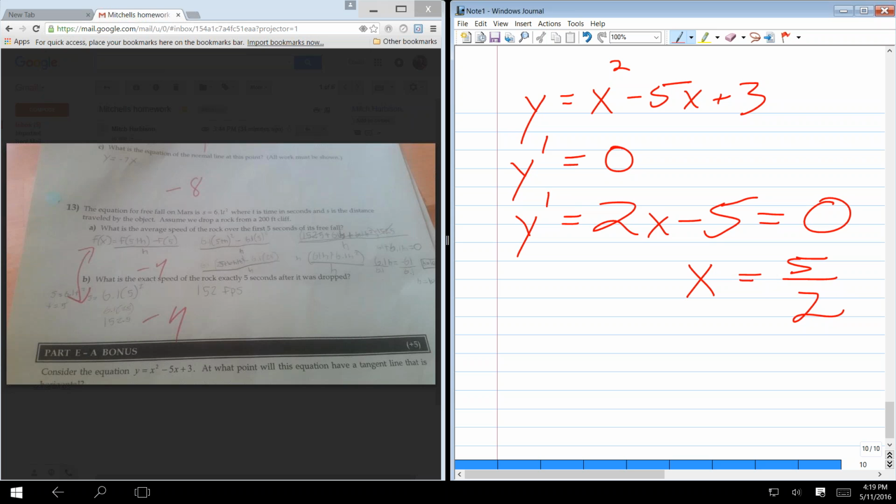That means when x is equal to 5 halves, the slope of the tangent line is going to be horizontal. This is a quadratic. It's a quadratic that goes up. Here's 5 halves right there. What they're saying is the vertex is going to be right there. That's where the tangent line has a horizontal slope, at 5 halves.